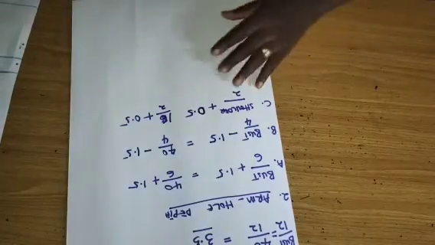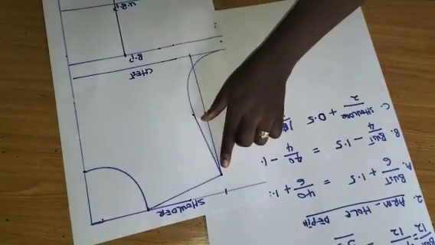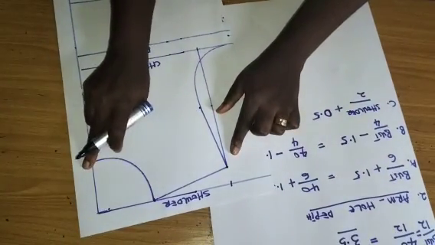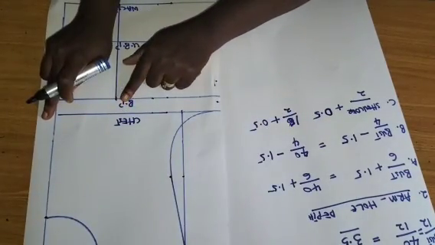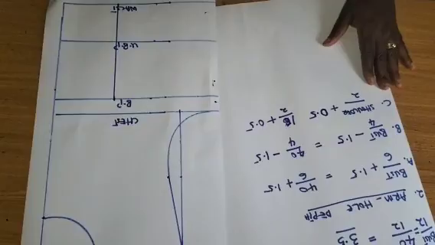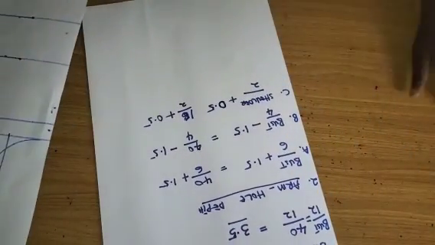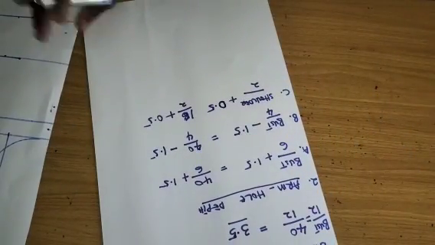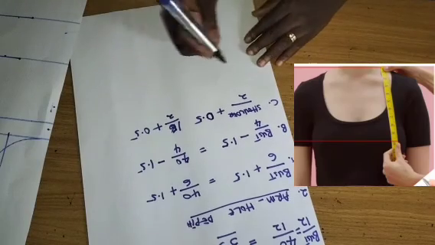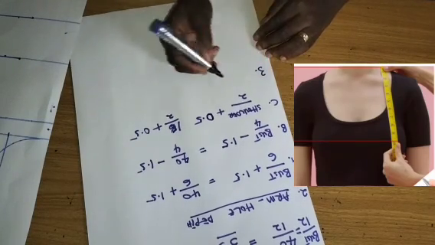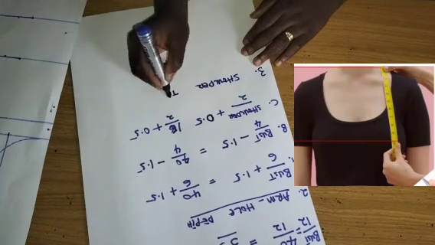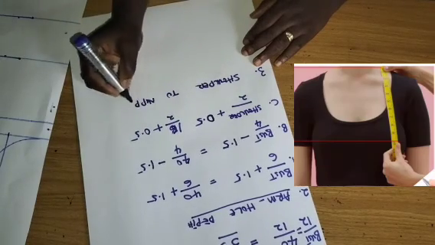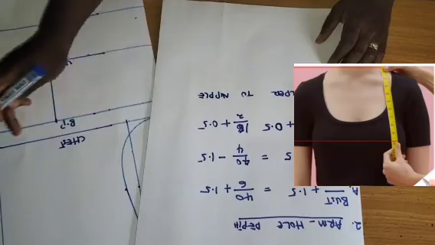Then after that, getting your bust point. Remember, we've gotten our natural neckline, we've gotten our chest line. Now, how do you determine your bust point in case it is not given to you? To determine your shoulder to nipple, which is your bust point, number 3, which we normally call our bust point line.